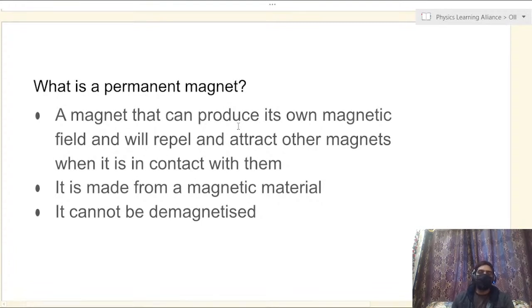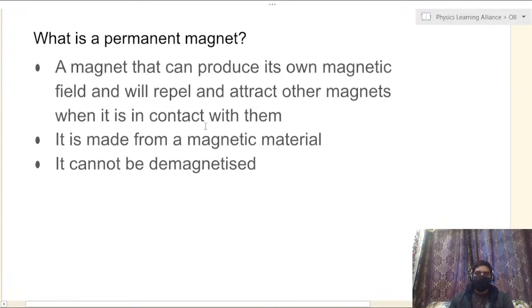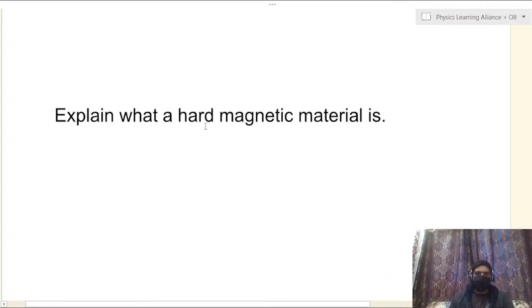This is what a permanent magnet is. If there is something which is not a permanent magnet, a temporary magnet, you can demagnetize it. There are a lot of ways by which that magnet can be demagnetized, but a permanent magnet cannot be demagnetized.